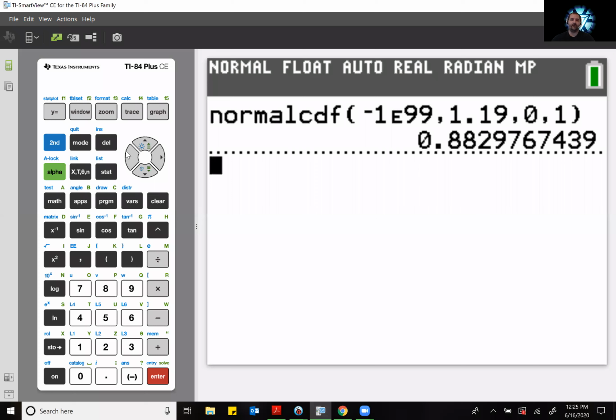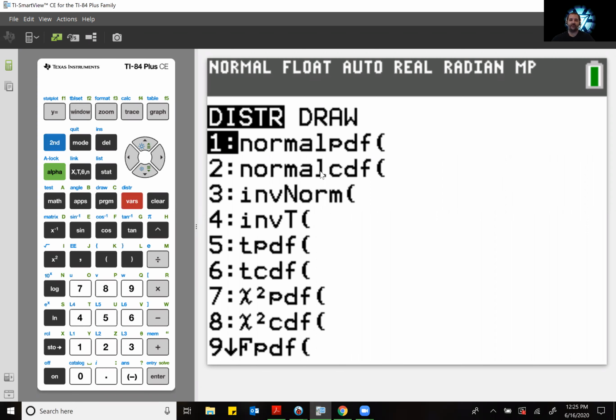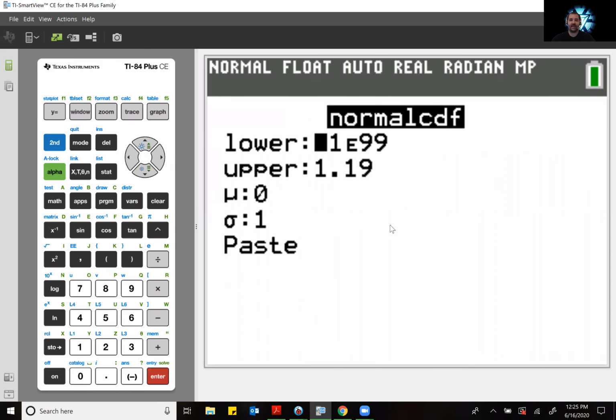Go into your calculator. This is going to be the last time I do the calculator. We do second vars, and we want the normal CDF. So we want to be less than 130. So is this good right here? The negative 1E99?